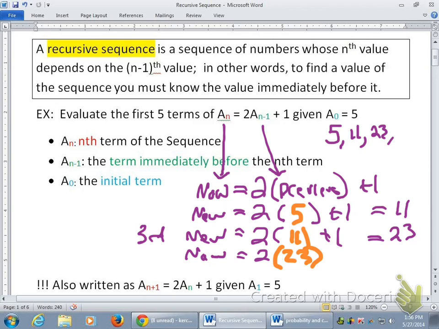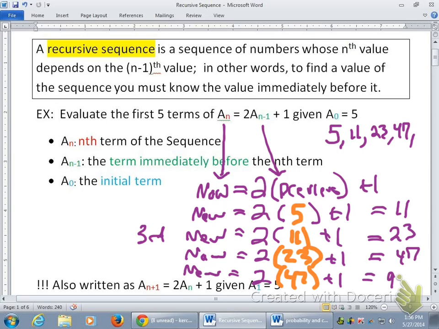Notice what you plug in changes every time, doesn't it? Okay? So, what was that? 46, 47? And then finally, you'd have 2 times 47 plus 1. And what did we say that was? 95. All right. And of course, you could keep going forever and ever on that, but I just asked for the first 5.